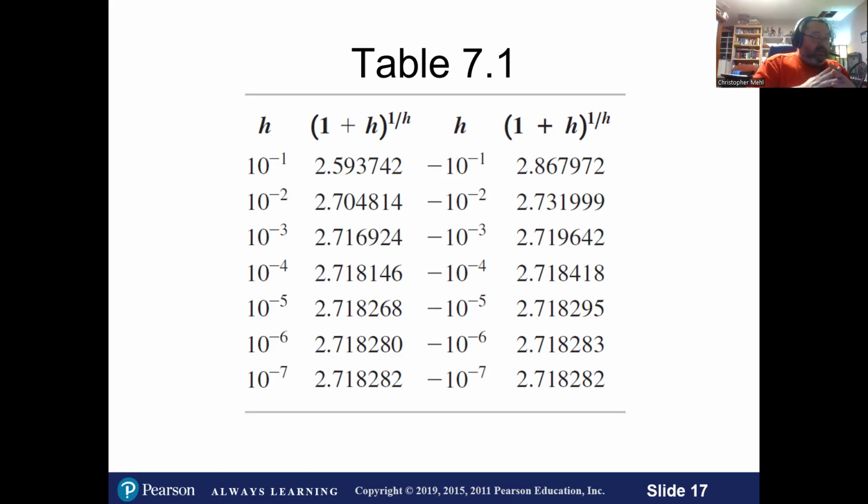We know that the derivative of the natural log at x equals 1 has to equal 1 by the definition. So this is probably a good exercise, and we'll do that real quick here.